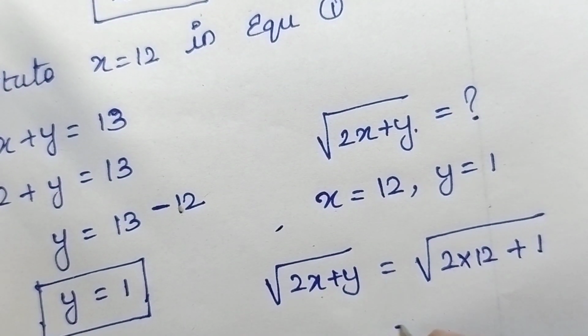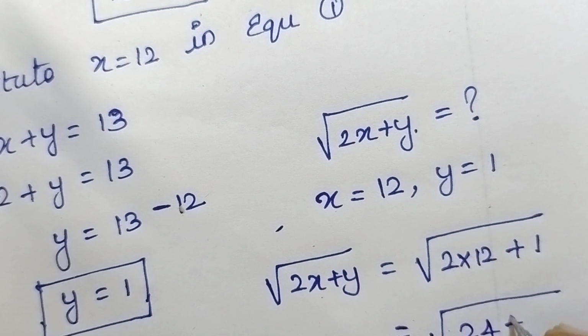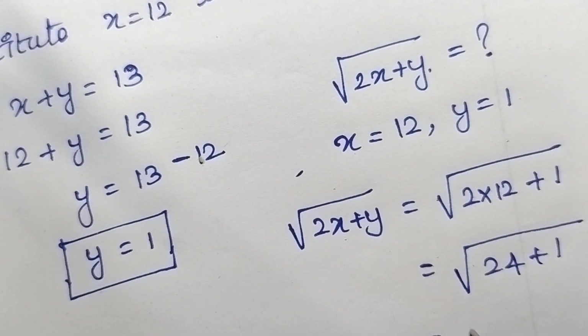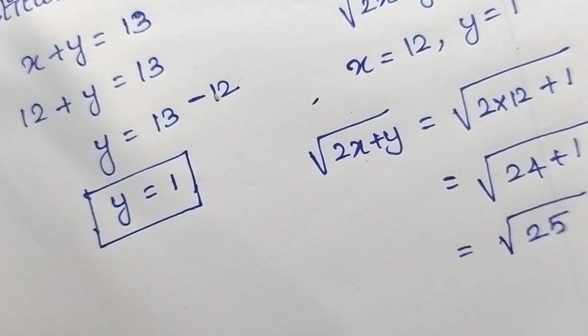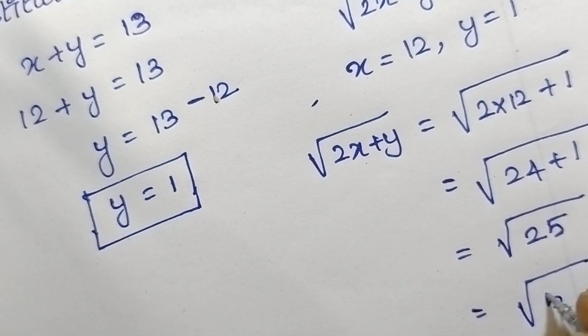Therefore 2 into 12 is 24. 24 plus 1 is equal to 25. So we know that 5 square is equal to 25.